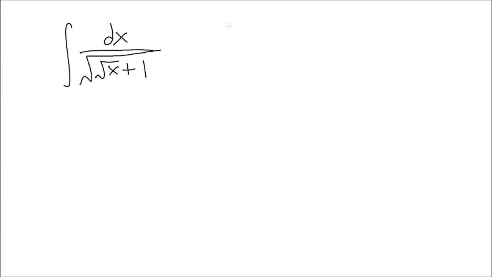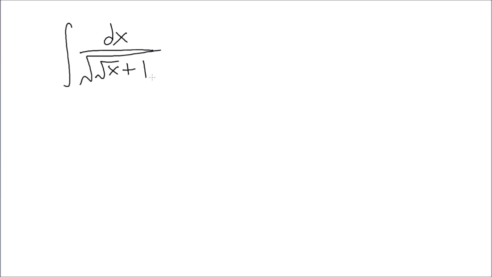The square root of the square root of x plus 1. Huh. This looks weird, right? If I try u equal x squared, I don't have a du for this, so we're going to do a different type of force u sub.